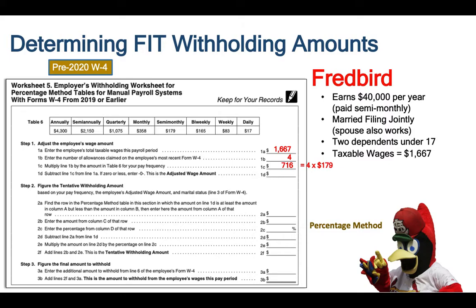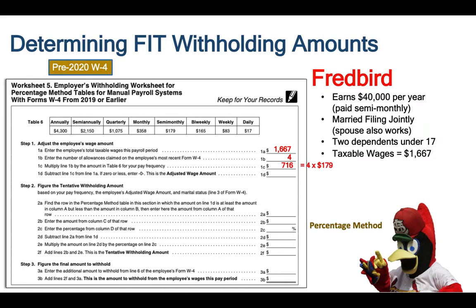Now, where does the 179 come from? The annual allowance is 4,300. You see that in the first column of table 6 there. To figure out how much it is for each pay period, you divide it by the number of pay instances in the pay frequency. So with semi-monthly, that's 24.